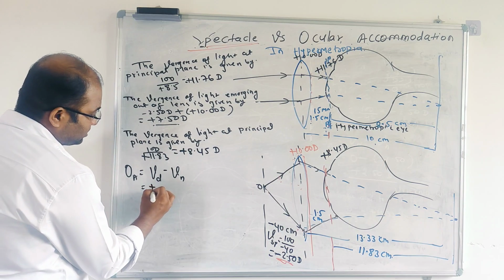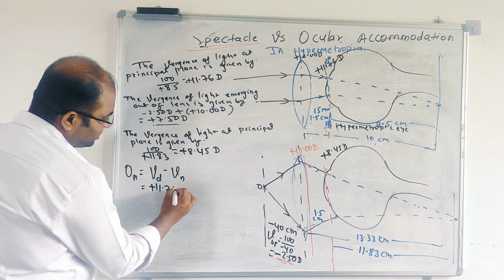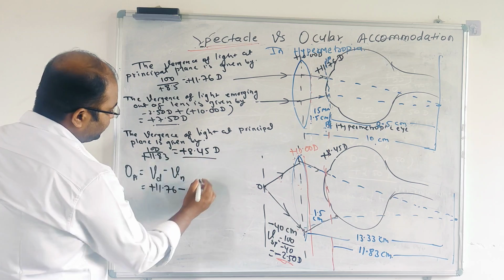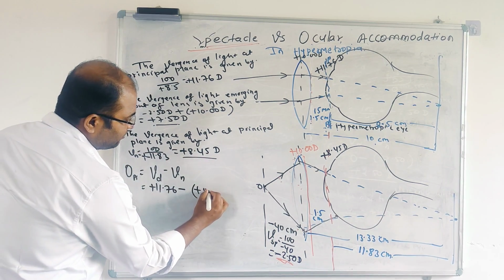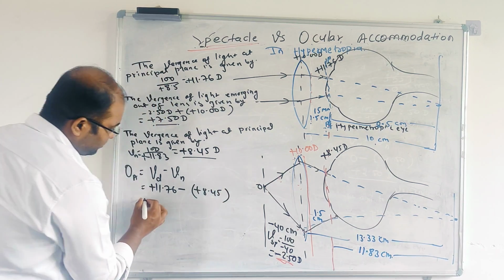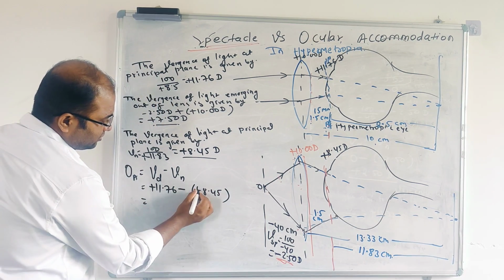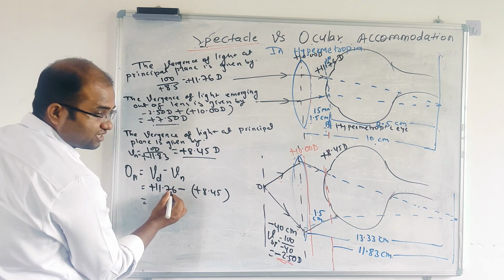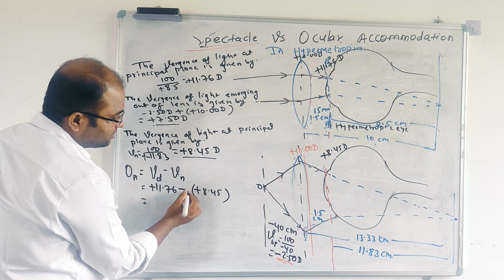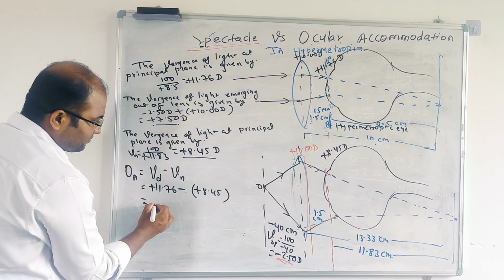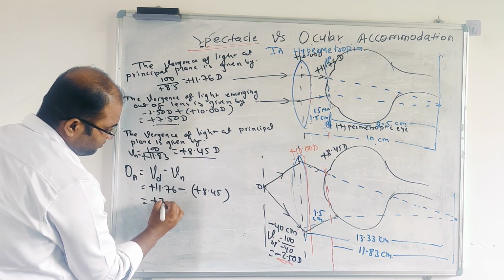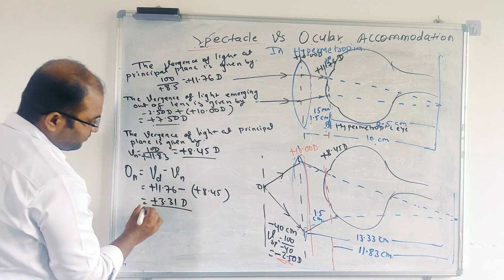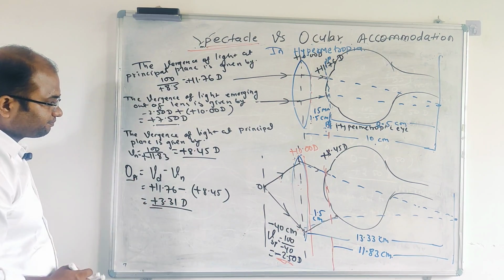Vd is plus 11.76 minus Vn, and Vn is plus 8.45, right? So plus 11.76 minus 8.45 will become plus 3.31 diopter. So this is the ocular accommodation.